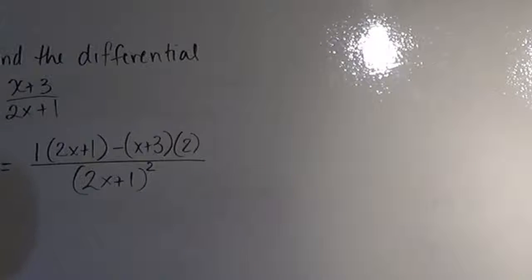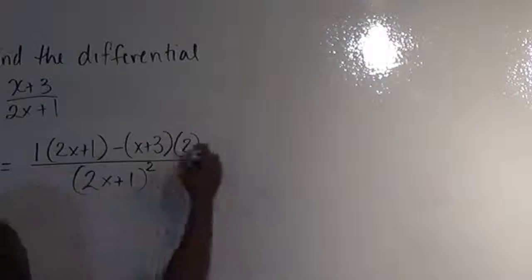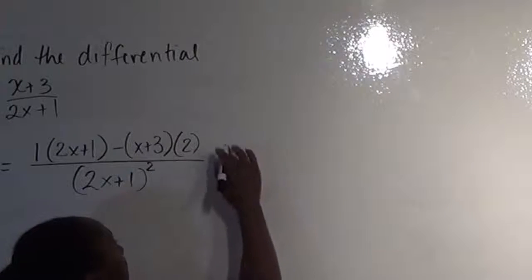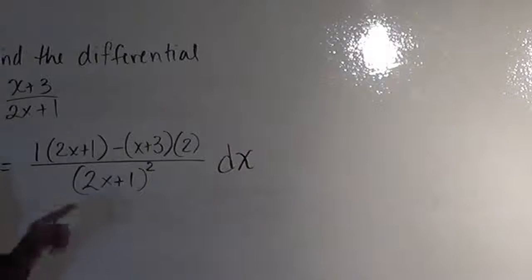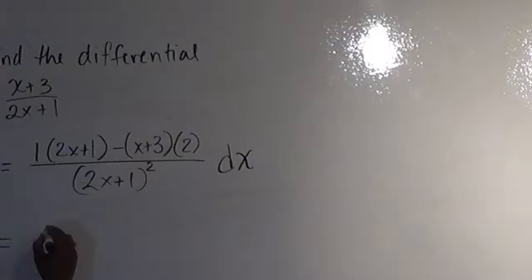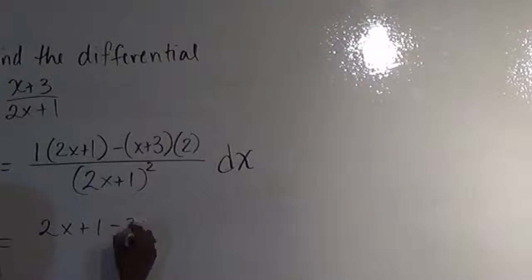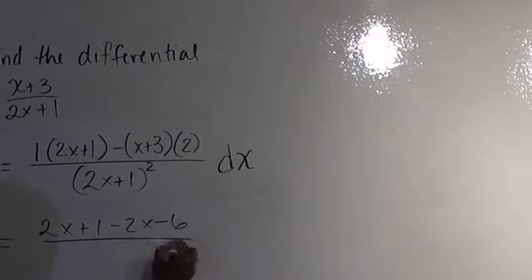Okay, and again, the difference here is that the change in y is going to be directly proportional to that change in x, so I need to attach on that dx. From there, it's just a matter of simplifying. So we'll get 2x plus 1 minus 2x minus 6, over our (2x plus 1) squared.